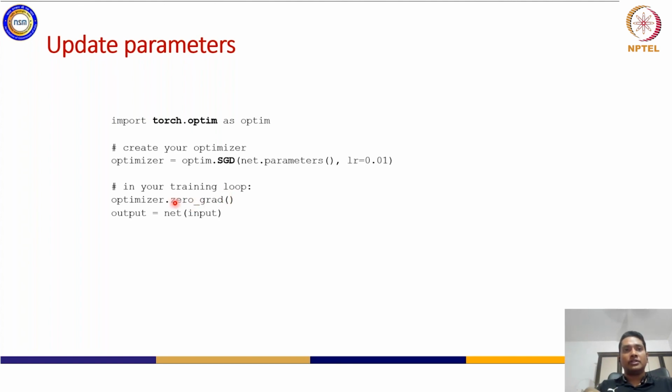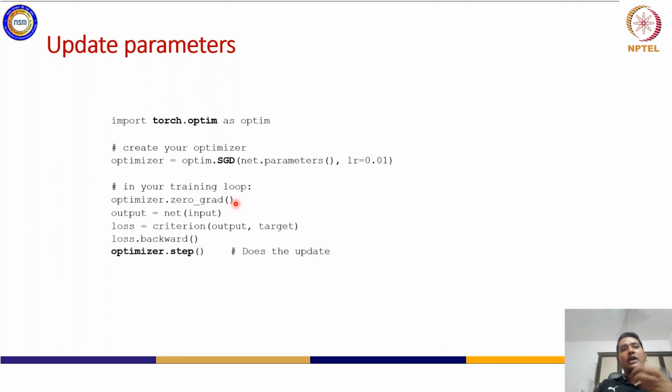Then you can compute the output, then the loss function, and then the backward function, which will compute the gradient. Then the update, which is the last step. The update is again just a one line function: the step function will do the update for all the parameters that we have defined.